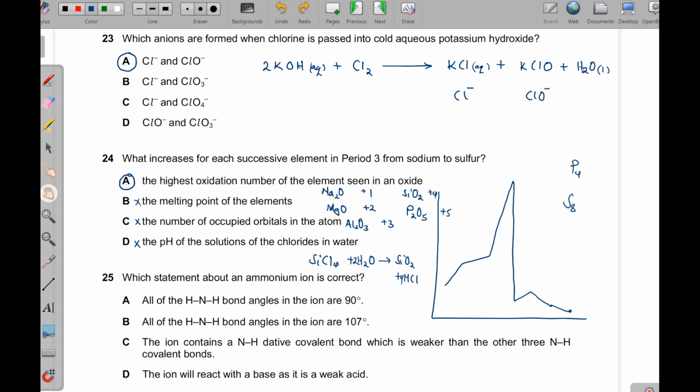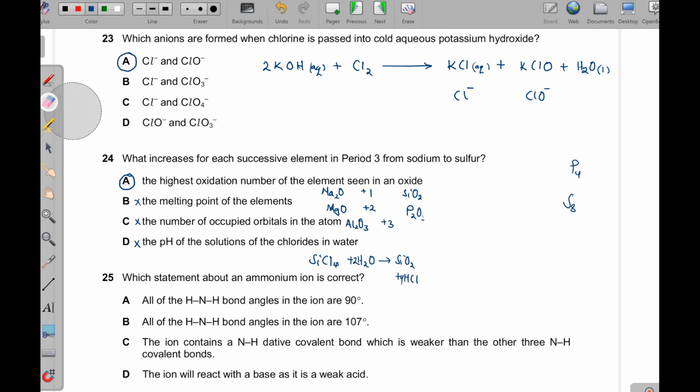Okay, then question 25. Which statement about an ammonium ion is correct? Now, an ammonium ion. Let me rub off this one here. We are already done with it. In an ammonium ion, we have dative bonding in there, hydrogen here, here, and here.